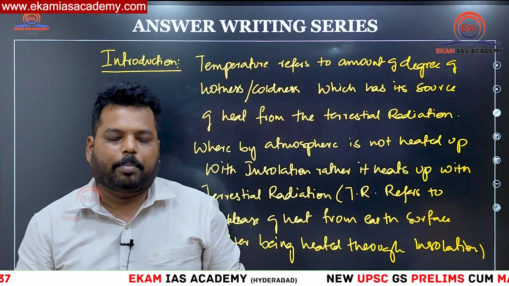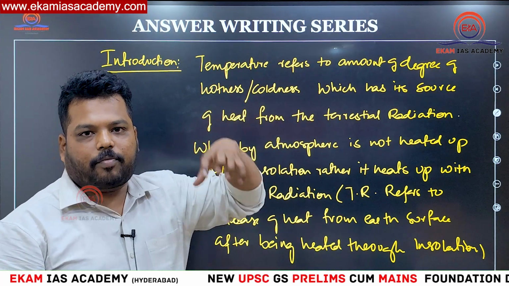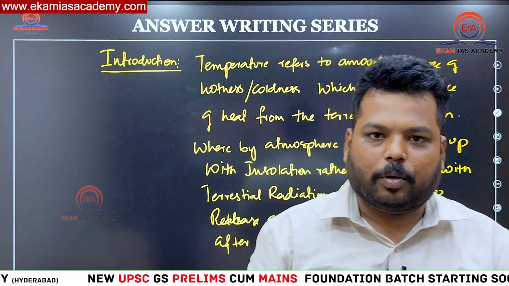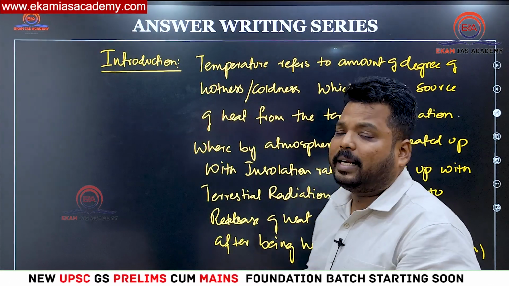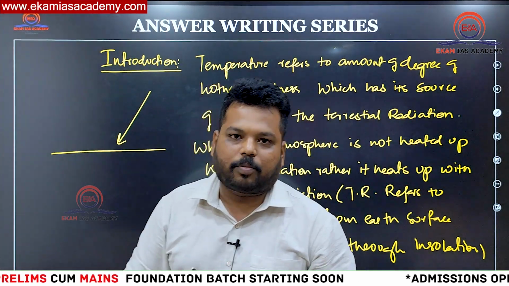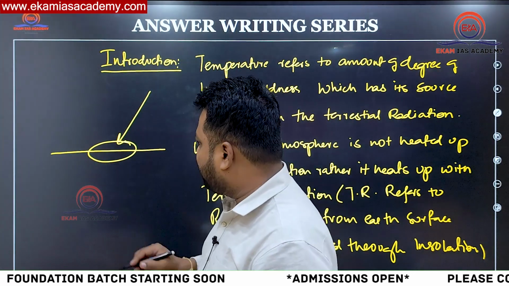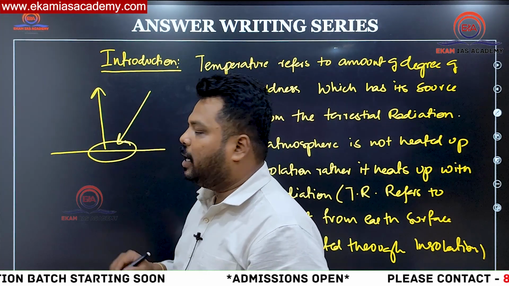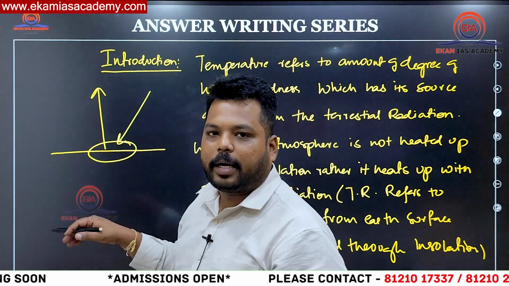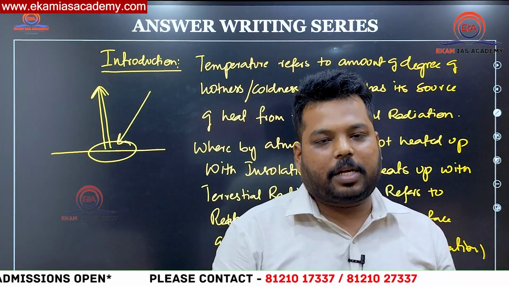Generally the temperatures which are recorded are not the resultant of the insolation falling on the Earth's surface. Insolation might be acting as an indirect source for the temperature, but actually it is terrestrial radiation. What is terrestrial radiation? The earth's surface, once heated with insolation, releases the heat in the form of terrestrial radiation.